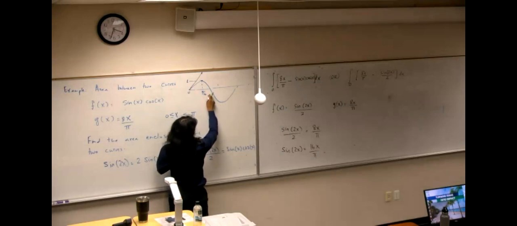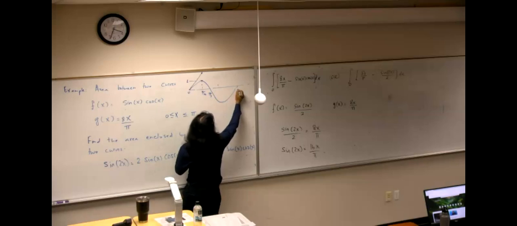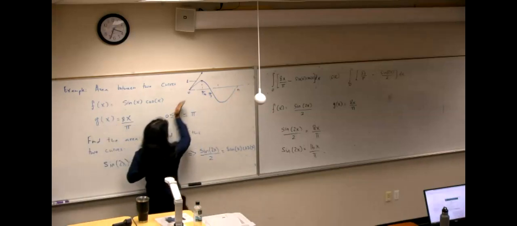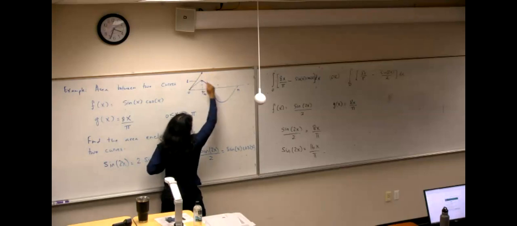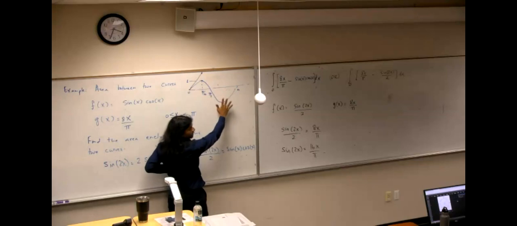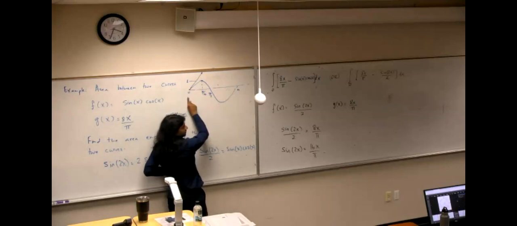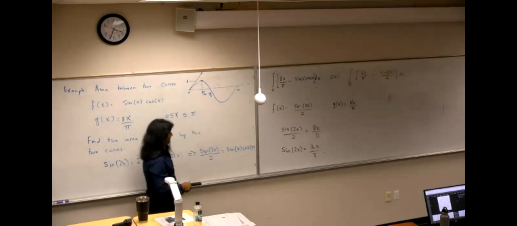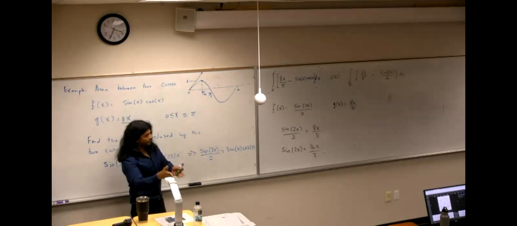This value, where it becomes 0, would be pi over 2, and that will be pi. And that's just going up. So no matter where you look between 0 and pi, aside from 0, it is not going to intersect again. Good?